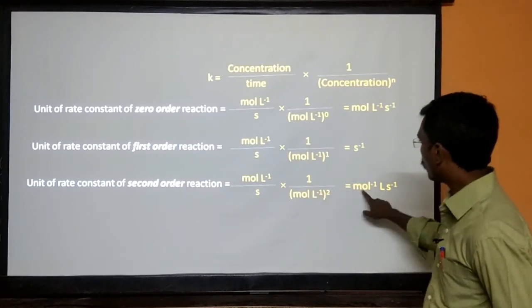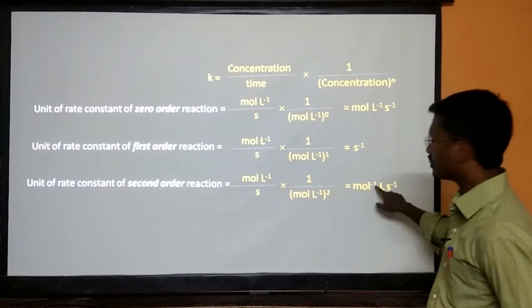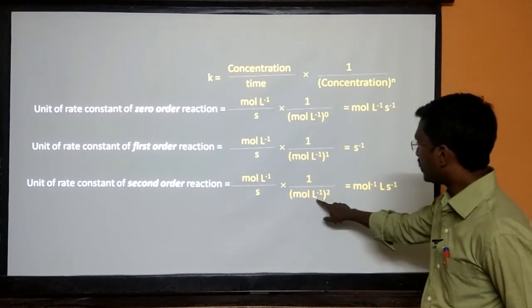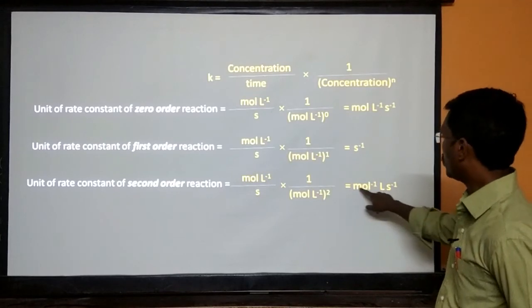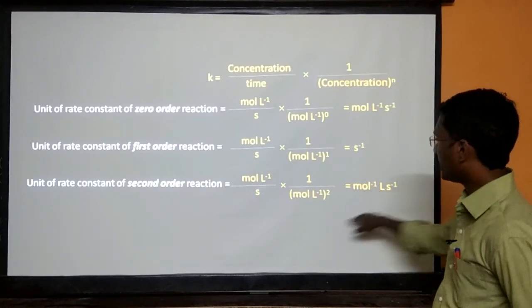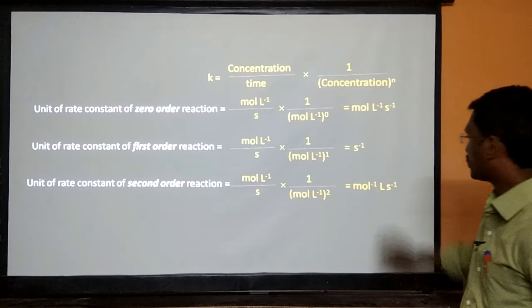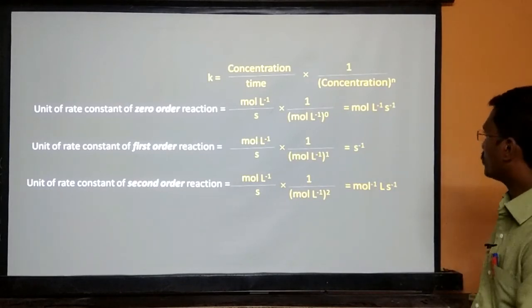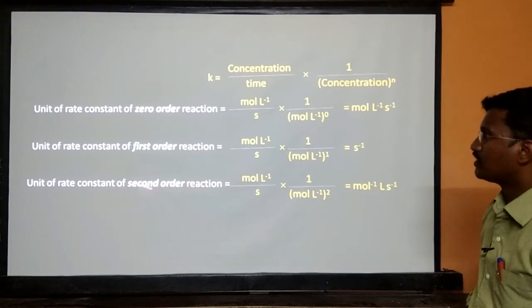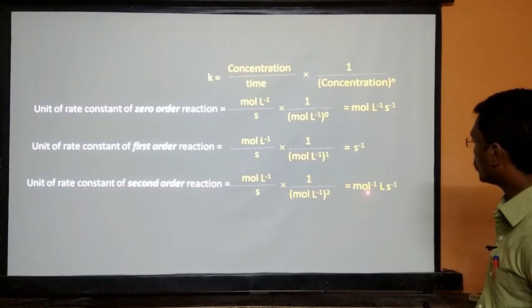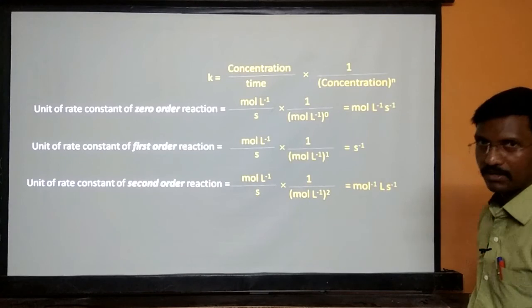When it moves upward, it becomes minus 1, and minus 1 for per liter becomes plus 1, so per mole liter, and again per second. Just remember this one, it is confusing, don't get confused. For second order reactions, the SI unit of rate constant is per mole liter per second.